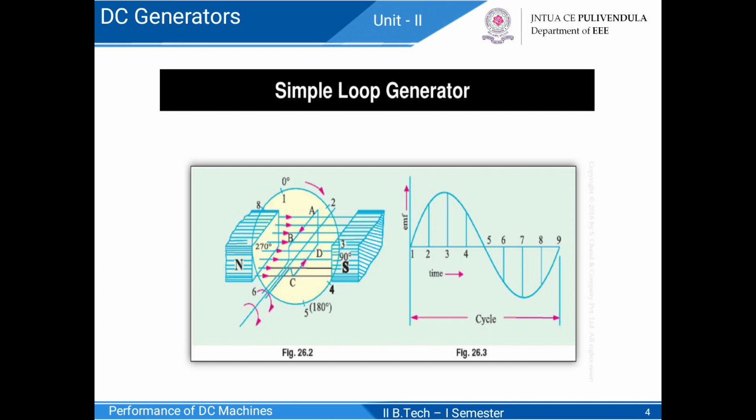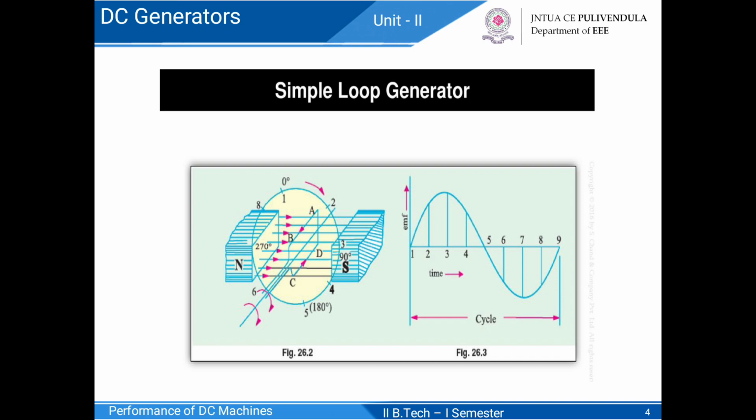As the coil continues rotating further, the rate of change of flux linkages increases till position 3 is reached. Moving from position 1 to 3, it makes an angle of 90 degrees to the flux lines, right?